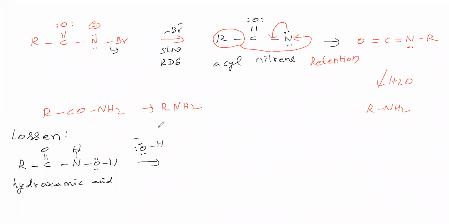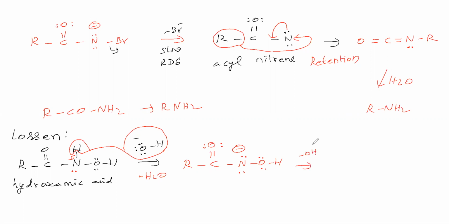So now we will see the reaction. This OH minus is abstracting a proton and water is leaving. This bond pair is shifting as a lone pair, so we get N minus with OH. Then the next step is removal of OH minus.